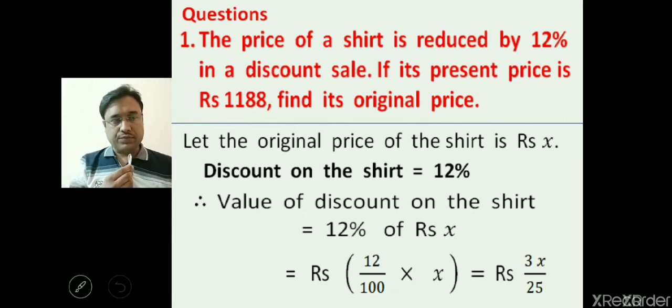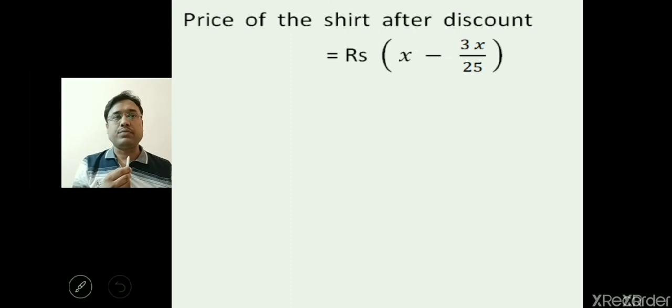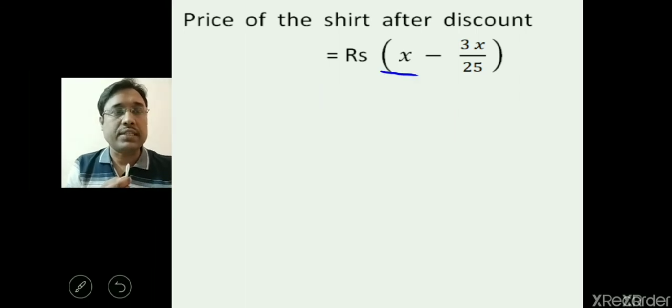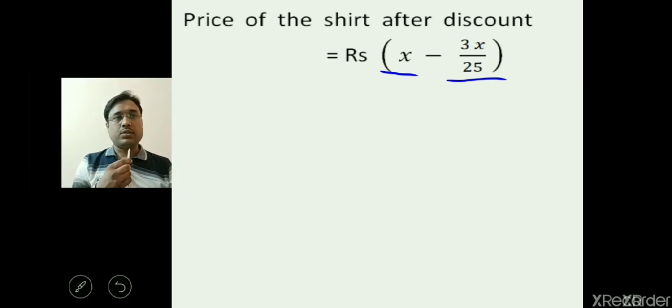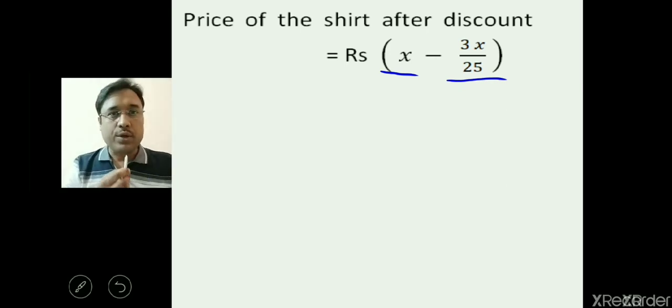If the price of the shirt is X, then the discount is 12%, which means 3x by 25. Now you will find the price of the shirt after discount, so you will subtract the discounted amount from the original price X.